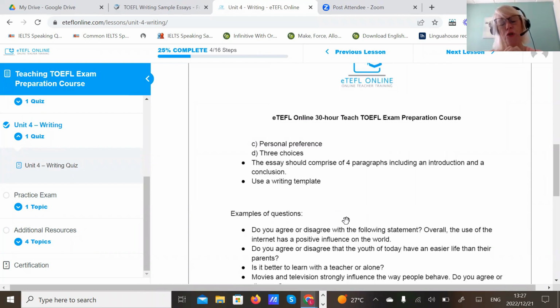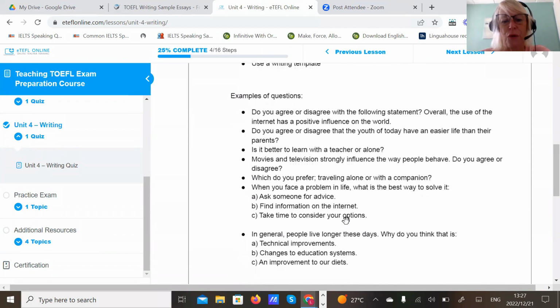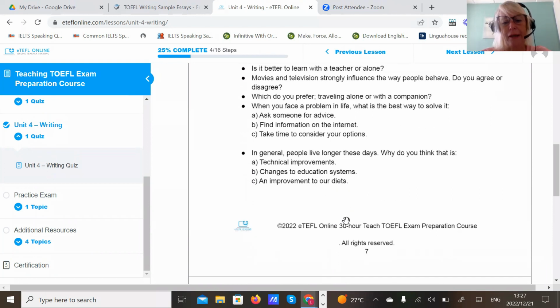If you could choose between giving a presentation, writing an essay, or having a discussion with your peers, which would you choose if you could choose one of those? And then they have to discuss that. So a writing template, 4 paragraphs, that structure is very important.